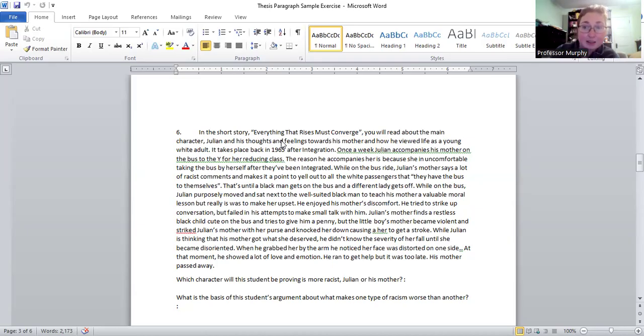When you are analyzing, you aren't going to be giving us summaries. You are going to be focusing only on what helps your argument, what gives you more to talk about, what supports the direction you are going in. So that's the difference between writing a book report and writing a college analysis.